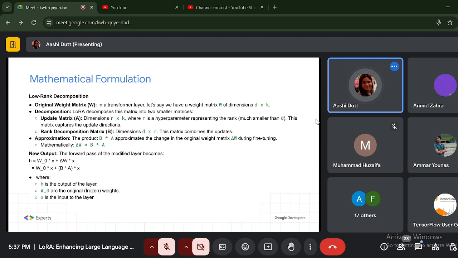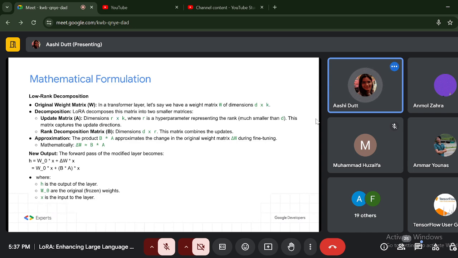And finally, the approximation. Everything here is based upon approximation because we are using both of these matrices A and B to approximate the original weight matrix W. So B and A together form delta W. That is, what is the change in W if we fine tune it on some other data for a very specific task, right? So what is the change?